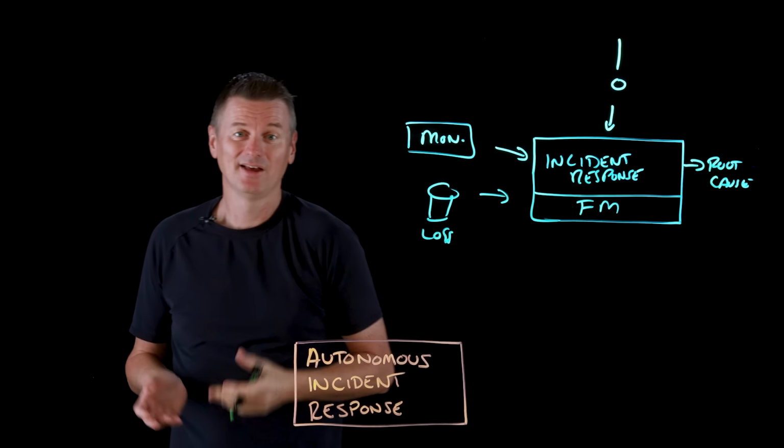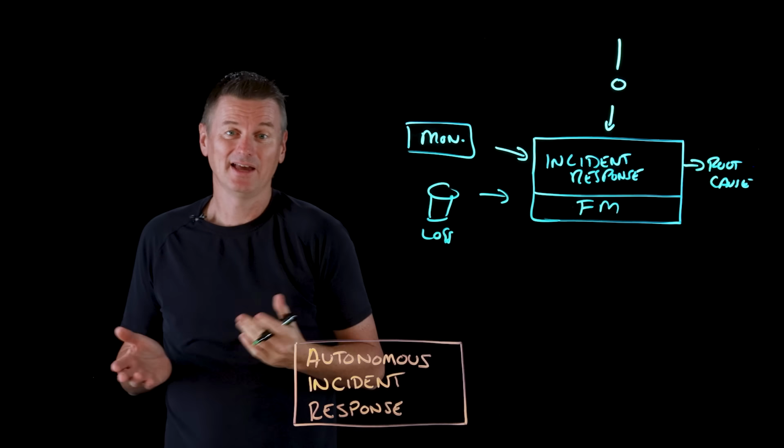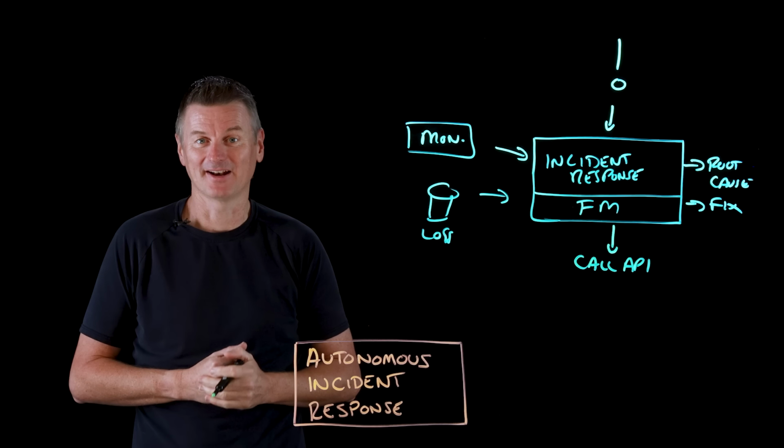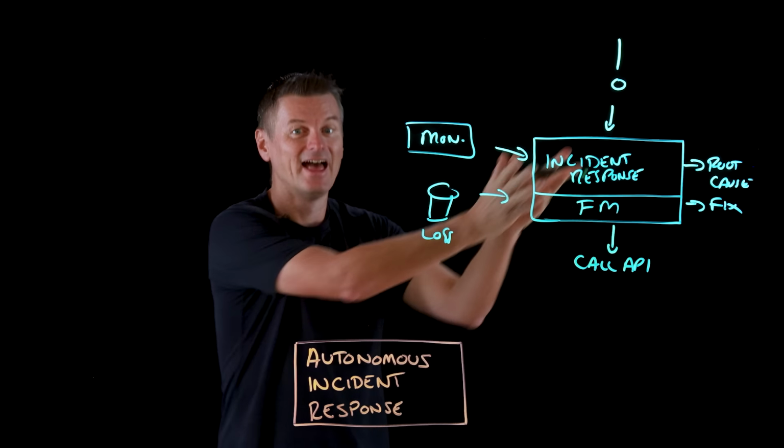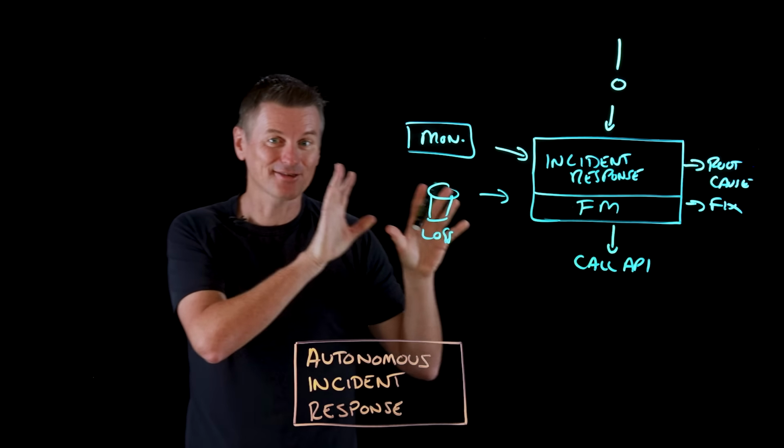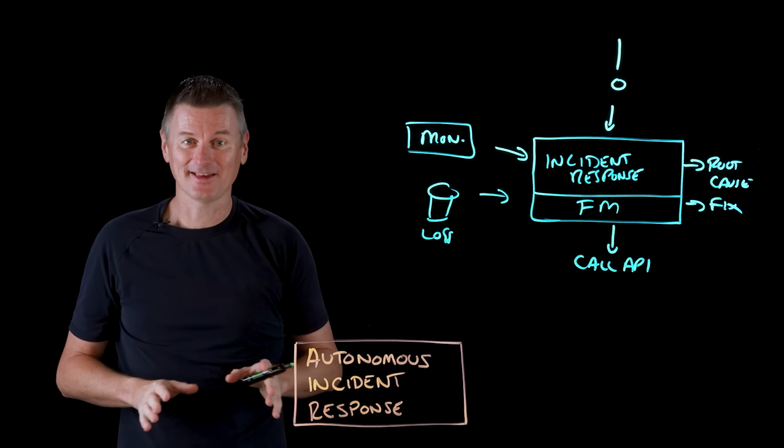That would be important. It needs to determine the appropriate fixes that need to be applied. And then it needs to execute that fix by calling out to a series of APIs, maybe restarting services and rolling back a deployment, something like that. So this is multi-step investigation and execution, and that's the wheelhouse of agentic systems.